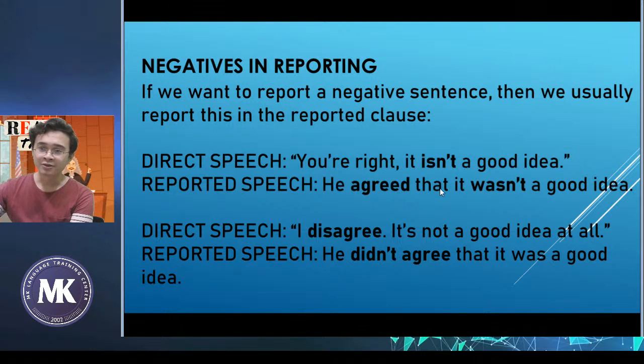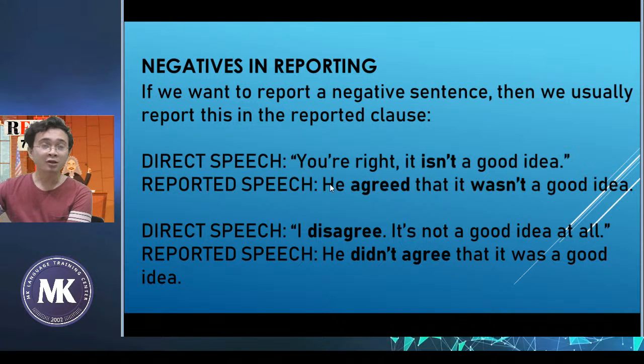If you notice here, in the direct speech we have "isn't," right? And then in the reported speech, it becomes "wasn't." The word "wasn't" here for the negative sentence can be seen in the reported clause, not in the reporting clause.